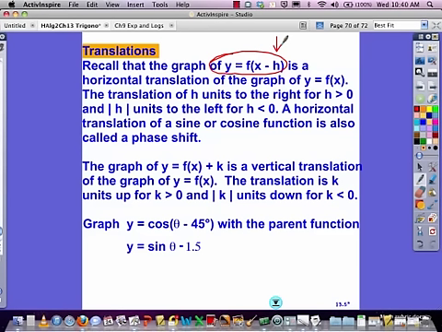And then lastly, the graph of f of x plus k, where it's totally outside of your function. So this would be an example of y equals the sine of theta minus 1.5, like down here. It's outside of the function. It's not included with the unknown variable. It's a vertical translation of your graph from the parent graph, which in this case would have been y equals f of x. The translation is k units up if k is greater than 0, and the absolute value of k units down if k is less than 0.